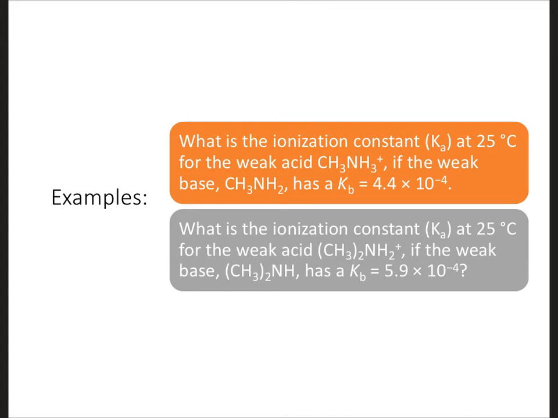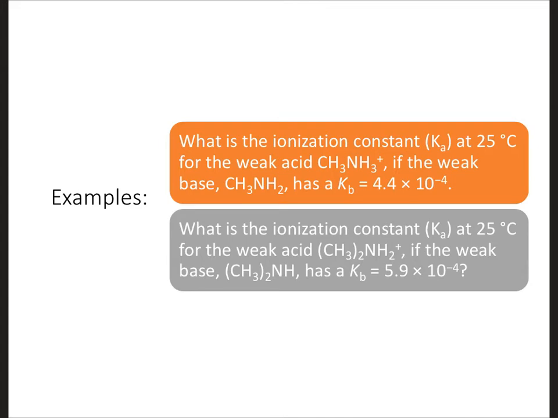And then they could also ask a different but related question, what is the ionization constant, what is the Ka at 25 degrees Celsius for the weak acid (CH3)2NH2+, if the weak base (CH3)2NH has a Kb of some other value, 5.9 times 10 to the minus 4. So these are just typical questions where they give you one, and they're expecting that you remember that the Kw is involved so that you can solve for the missing quantity.